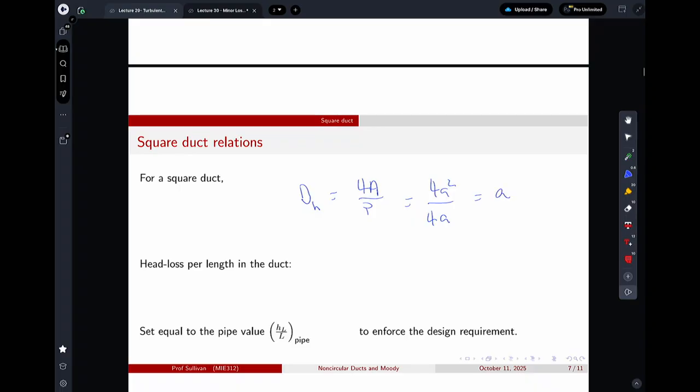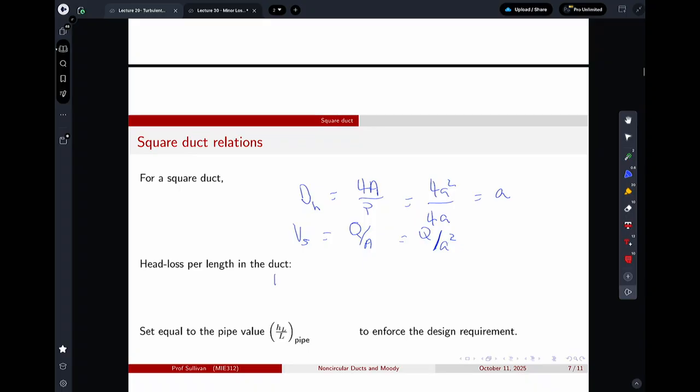The velocity in the square duct, I can call it S, is Q over A, or Q over A squared. So the cross-sectional area is the same, I end up with the same number, but that's volumetric flow rate per unit area. I don't know what the side length is.